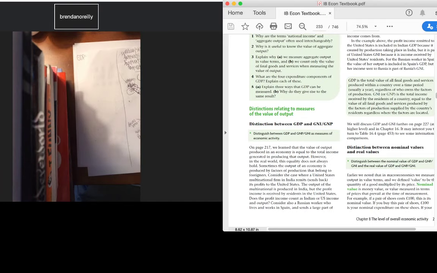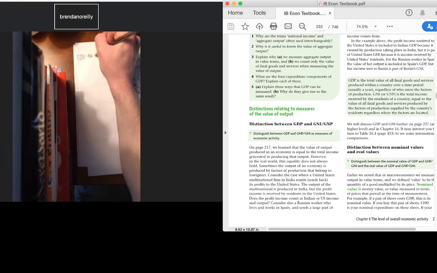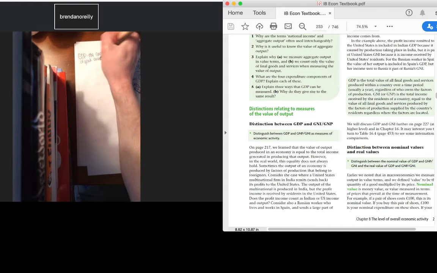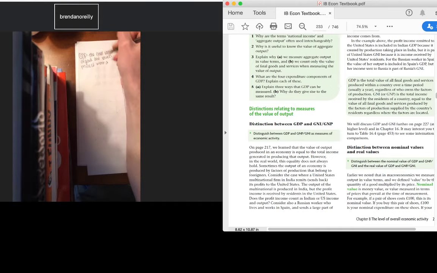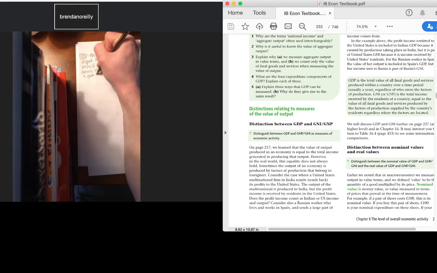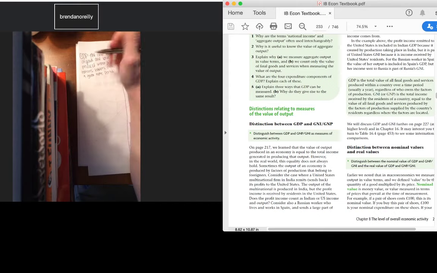So it's still the final value of goods and services produced within a nation's borders over a given time period. That's very important because if no time period is given, then it's hard to determine or analyze anything about it.